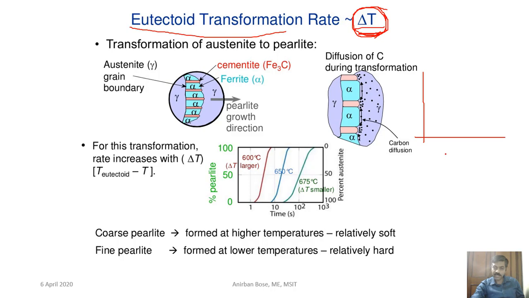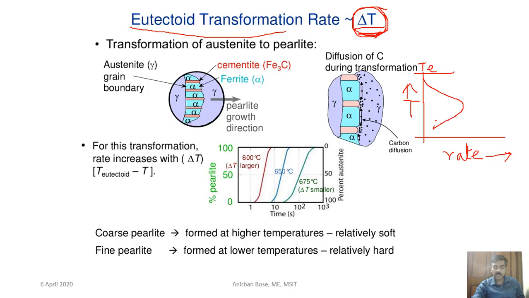What about the rate of transformation, if you remember? Here it is the temperature. Suppose this is the transformation temperature, or the eutectoid temperature. Now, what is the nucleation curve? If you remember, the nucleation curve is like this, right?